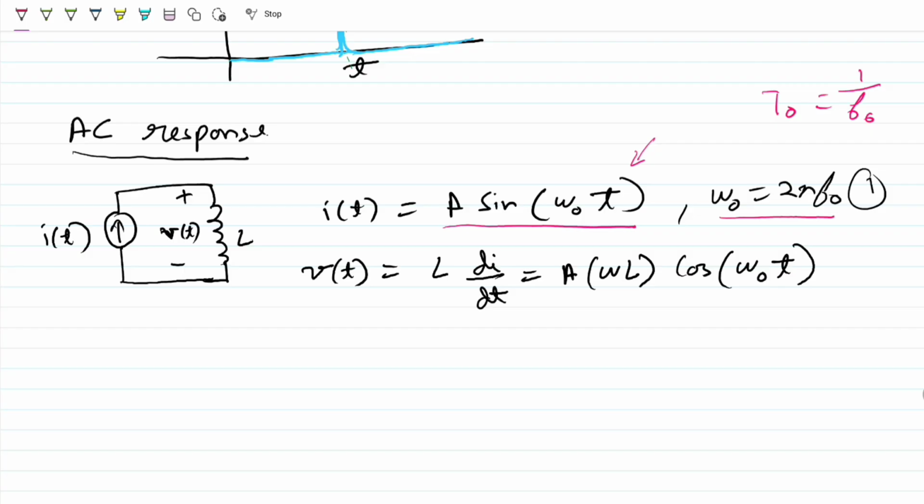If we apply the equation v of t is equal to L into di by dt, we get this expression. This is the voltage developed across the inductor. If the current was A sine omega naught t, then the voltage developed across the inductor is A times omega L cos of omega naught t.